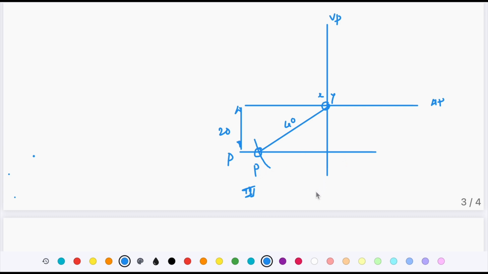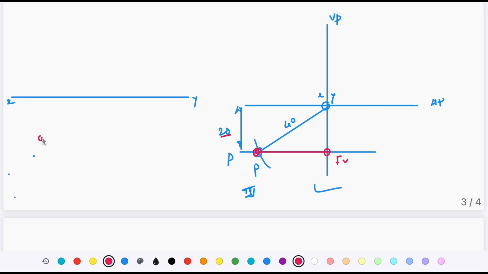Okay, so this is for understanding, but in solution how you can do that, this is XY line. The point is over here, so its front view we can locate even when its position with respect to VP is not given. It is 20 mm below HP, so its front view can be located.